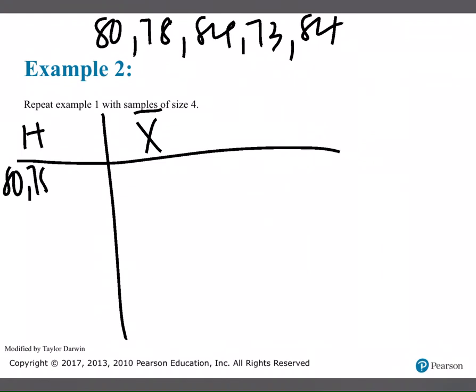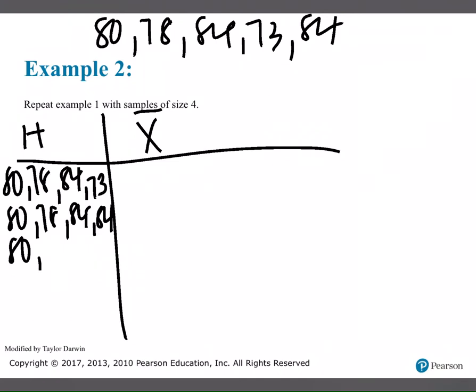80, 78, 84, 73, right? We're leaving out 84. And then maybe we leave out 73. So 80, 78, 84, 84. Okay, then maybe we leave out one of the 84s.